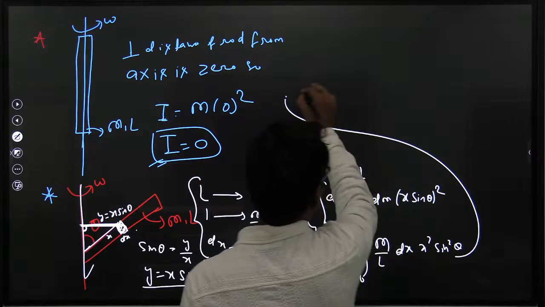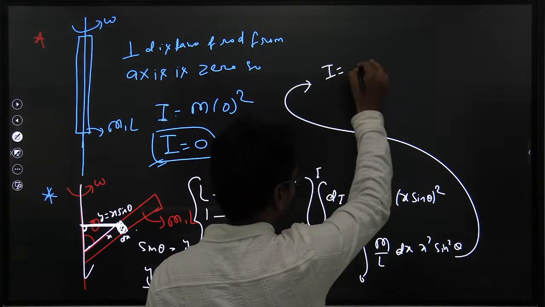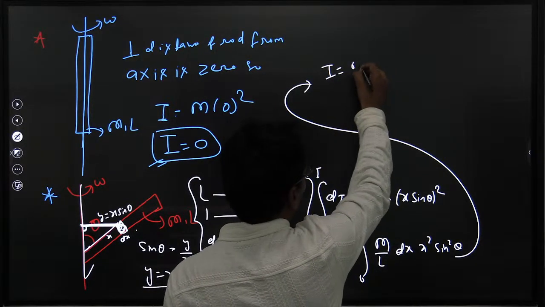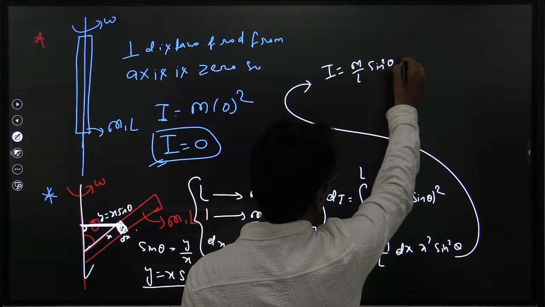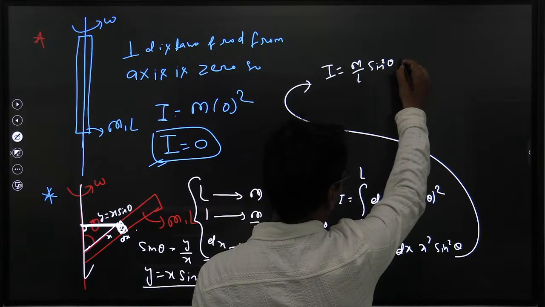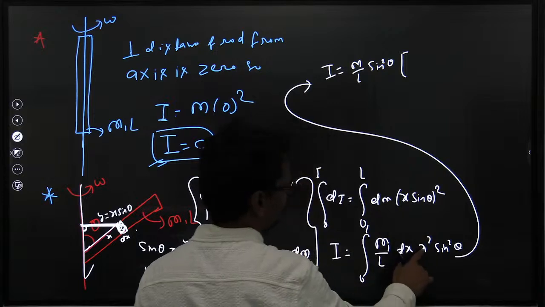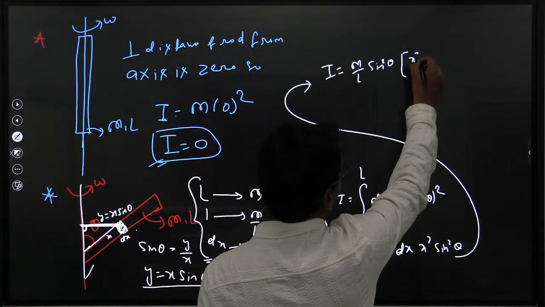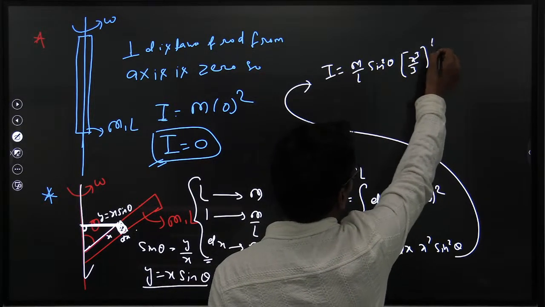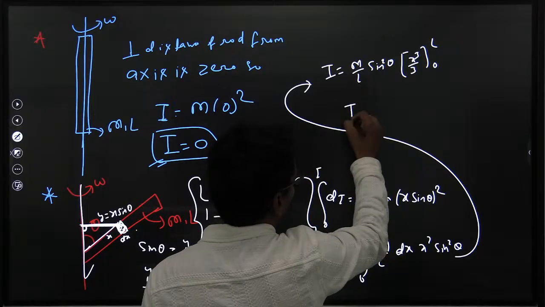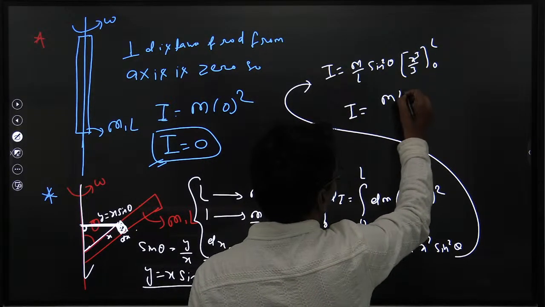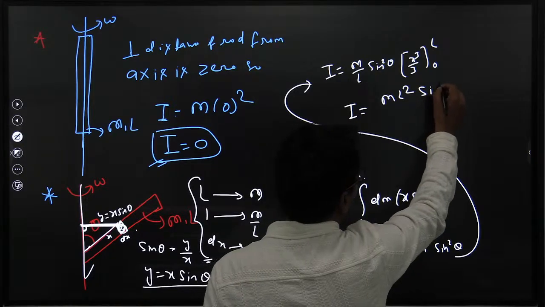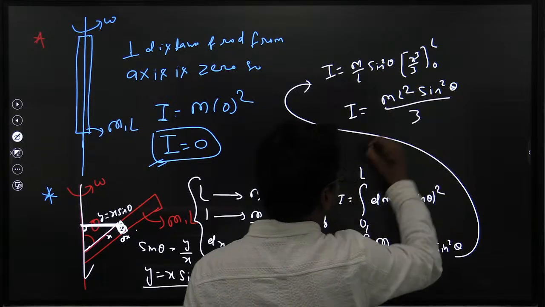After calculation you can find I is equal to m by L sin squared theta, and the integration of x squared dx is x cubed by 3 from 0 to L. Simply we can put it here, and after solving, you look here, m L squared sin squared theta upon 3.